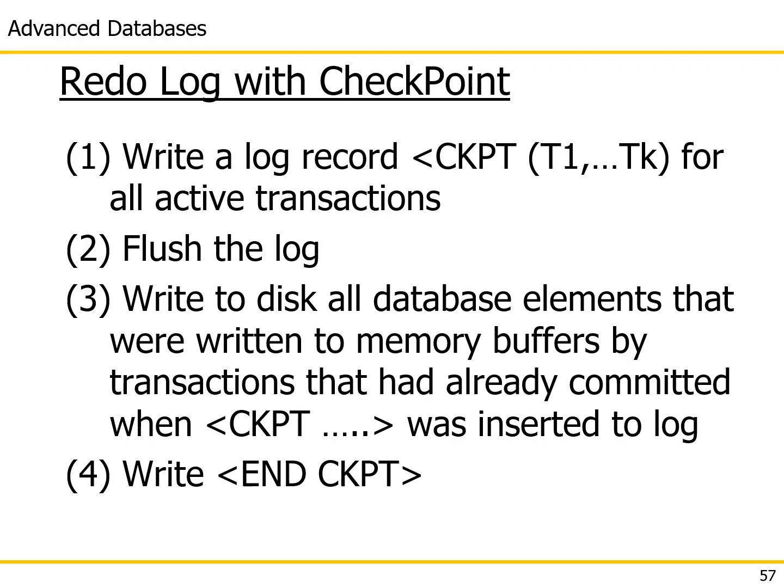It sleeps for a while, say 10 minutes, and then wakes up every 10 minutes. It asks the buffer manager, who are the threads that are currently running? It is told that T1, T2, T3, T4, T5 are currently running. So it inserts into the log an instruction that says checkpoint, and between brackets T1, T2, T3, T4, T5.